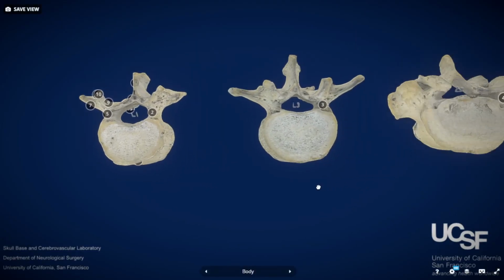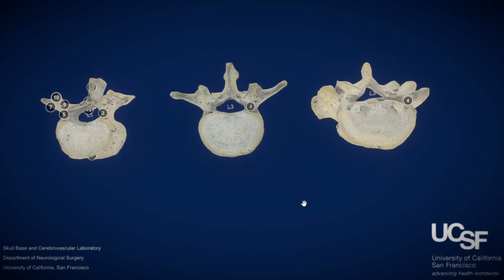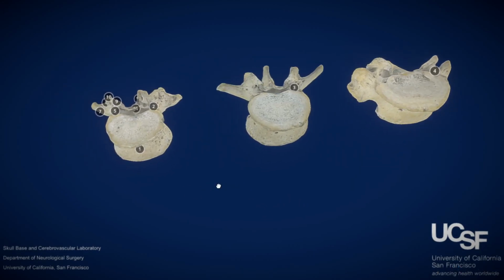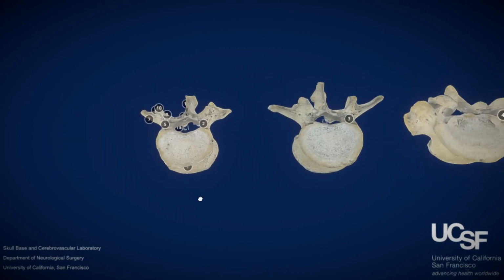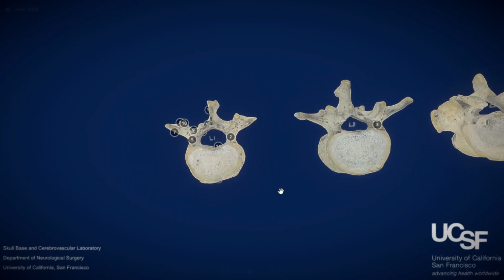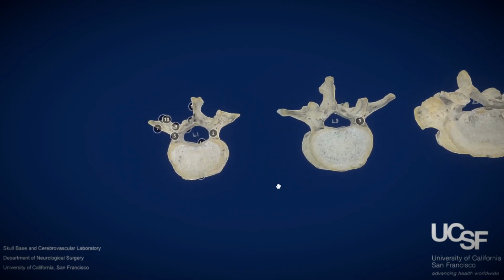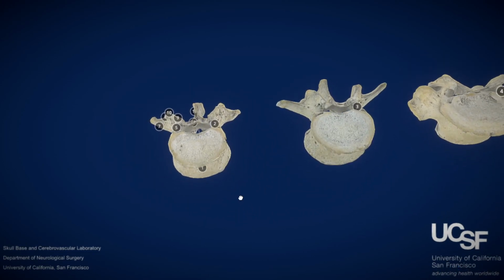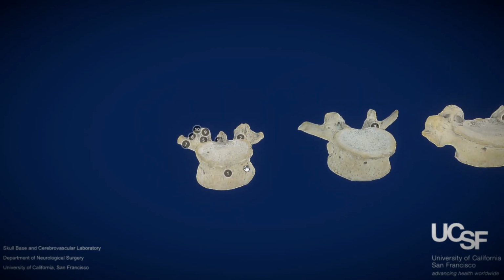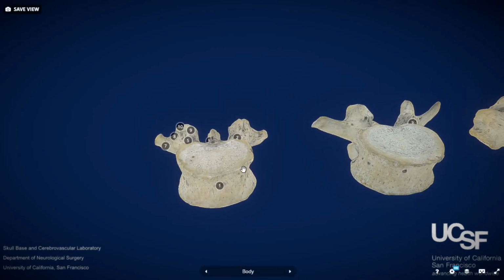This is a 3D scene depicting 3 different lumbar vertebrae, L1, L3, and L5. From a superior view, the bodies are large and kidney-shaped with a concavity facing posteriorly. On the posterior rim of the superior end plate of the vertebral bodies, there are small elevations that represent remnants of the uncinate processes of the cervical region.